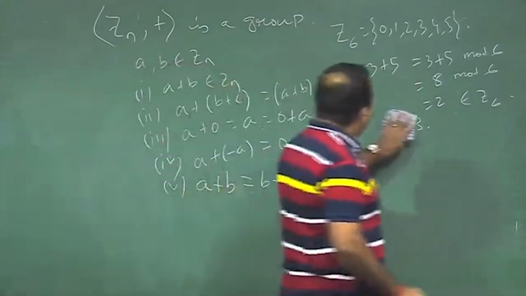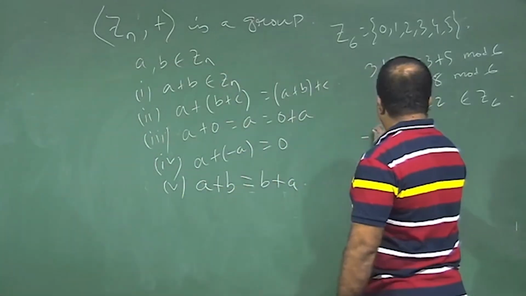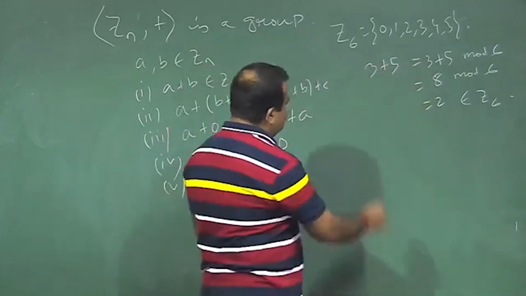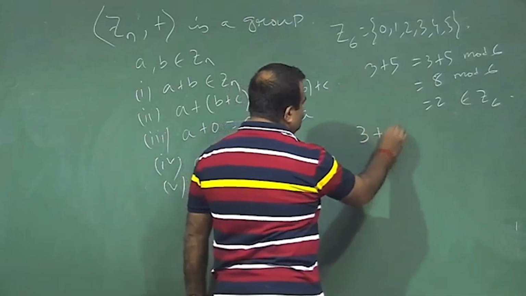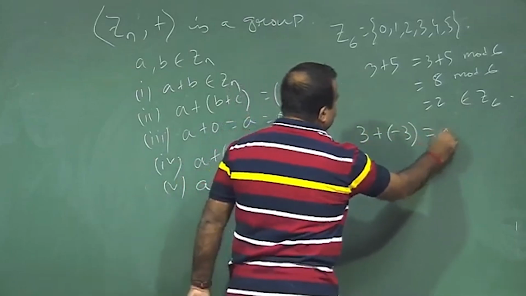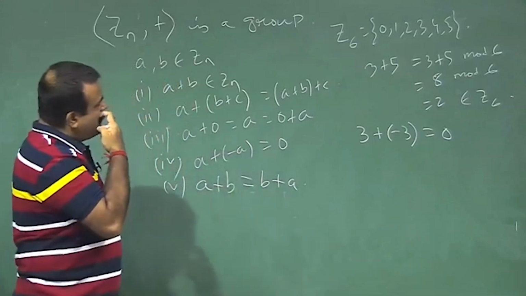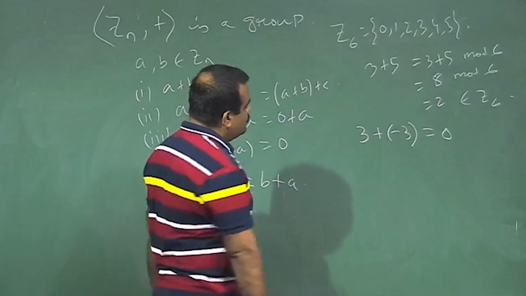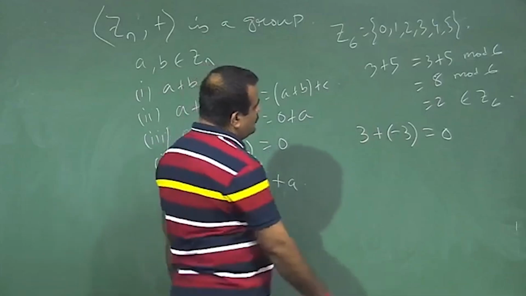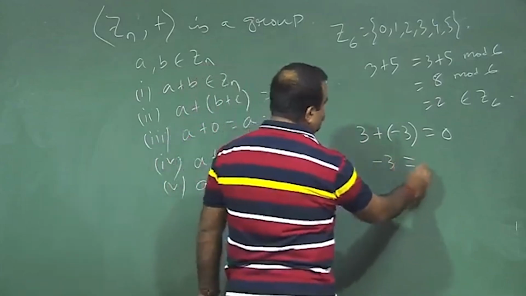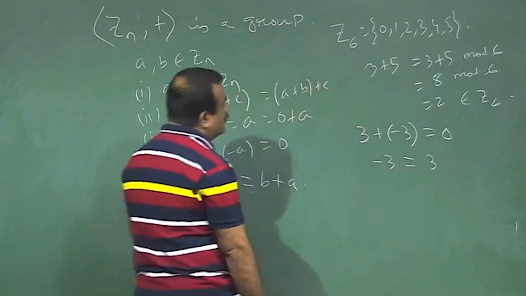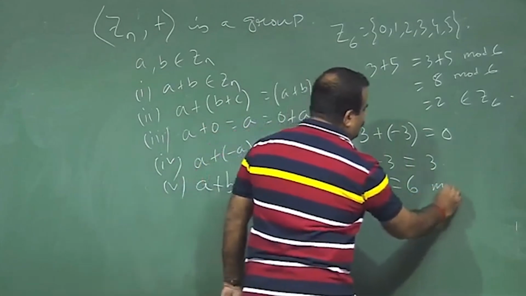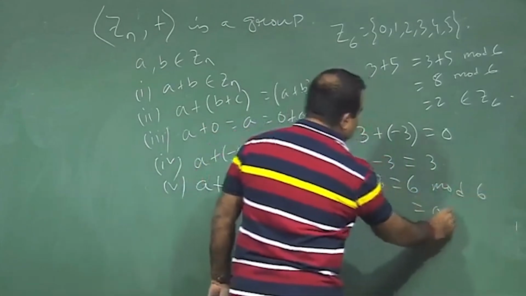Now, the inverse. So what is the inverse of 3? So 3 plus minus 3 should give us 0. Okay, so it is a mod 6 operation. So minus 3 is basically 3, because if we take 3 plus 3 it is 6, and 6 mod 6 is basically 0.